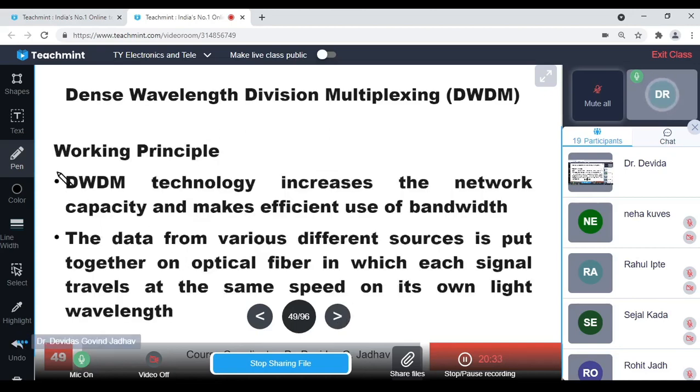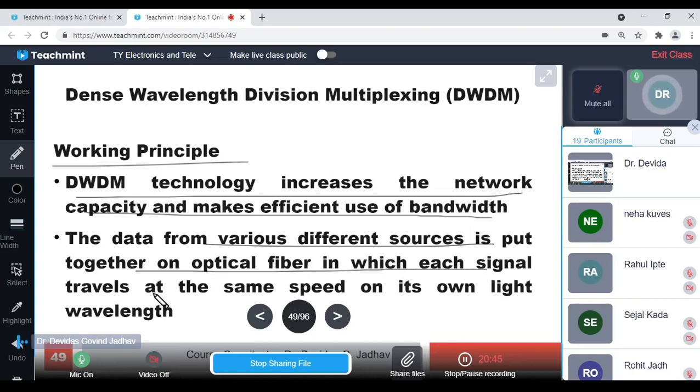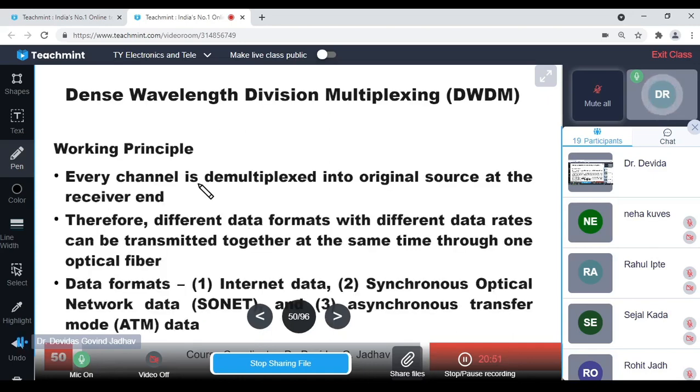Then in working principle, the DWDM technology increases the network capacity and makes efficient use of bandwidth. The data from various different sources is put together on the optical fiber, in which each signal travels at the same speed, on its own light wavelength. Then each channel is demultiplexed into the original source at the receiver.